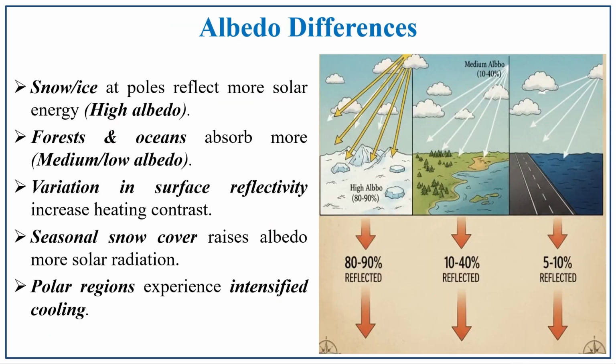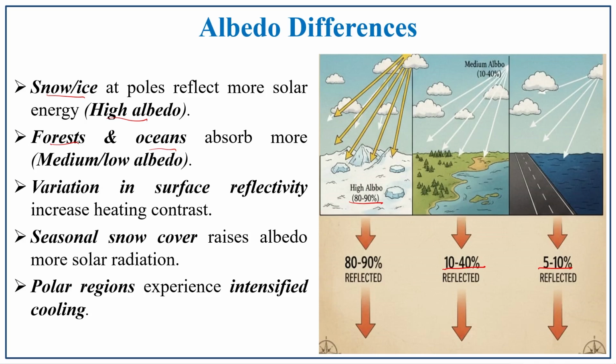Albedo differences. We know that the snow and ice at the polar region have high albedo, that is 80 to 90%. Comparatively, the forest region has a moderate or medium albedo effect, that is reflection of 10 to 40%, and the ocean is very low, that is 5 to 10% reflectivity.